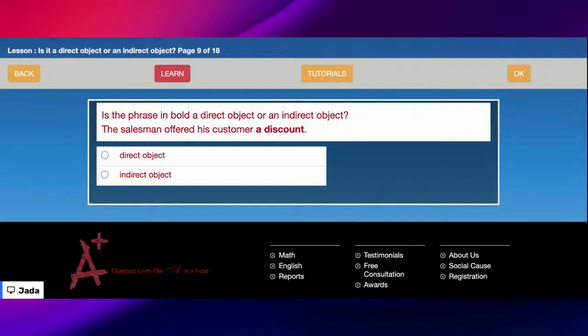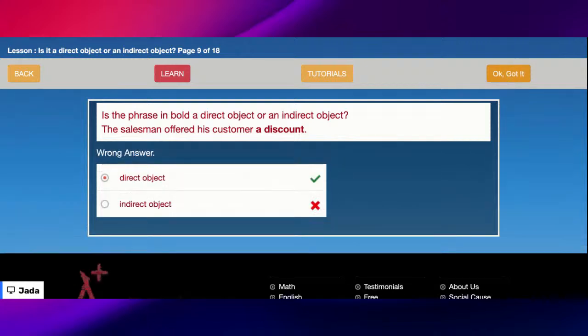So option two. Okay, let's see if option two is correct. So this isn't correct because the offered here is the verb, and then to whom did he give the discounts to? His customers.